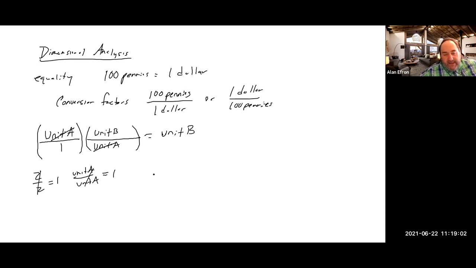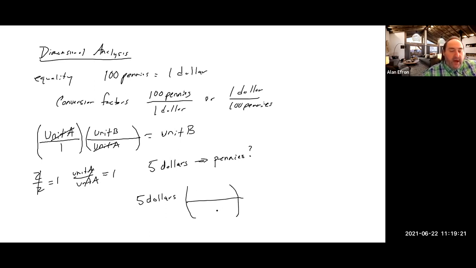So obviously, if I had $5 and I wanted to know how many pennies that was, I would start with $5. And remember, to get rid of units, it's always opposite.